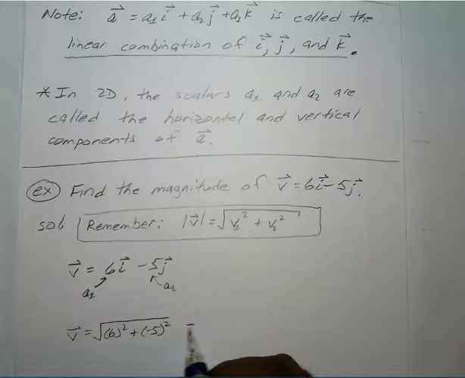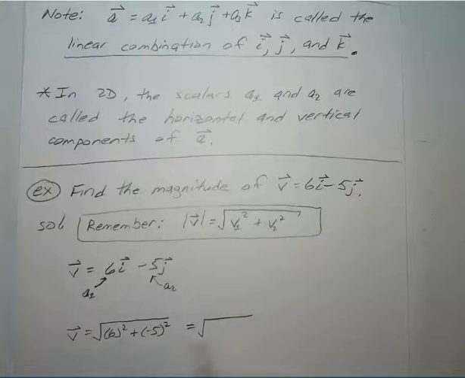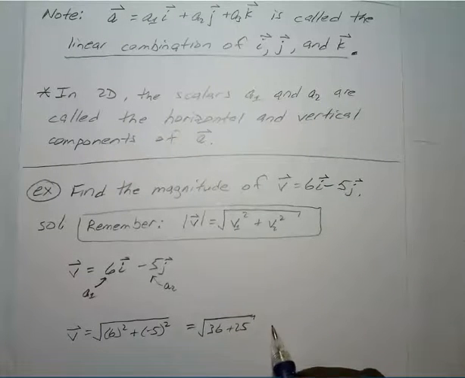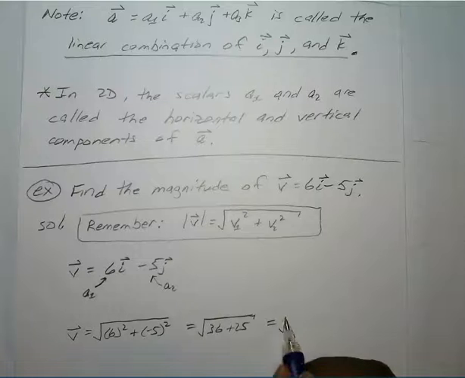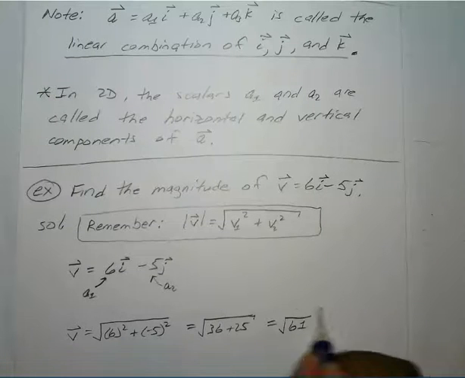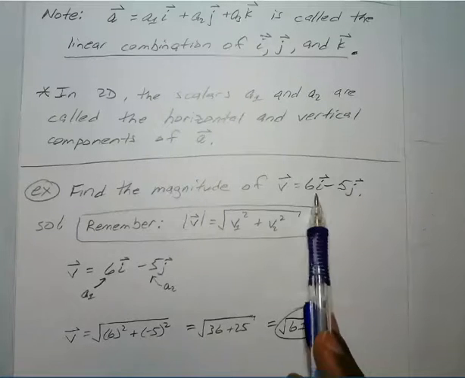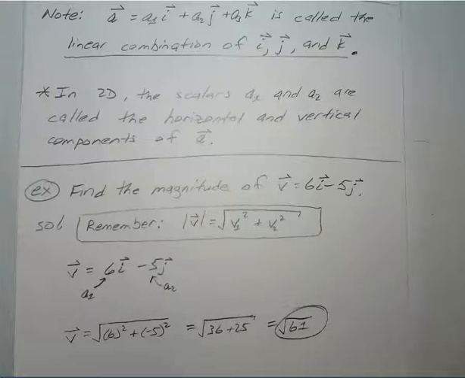That's equal to the square root of 36 plus 25, which means the magnitude of our vector is square root of 61. So it's all solved the exact same way, just written a little bit differently.